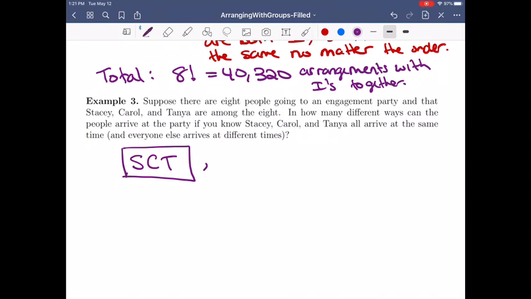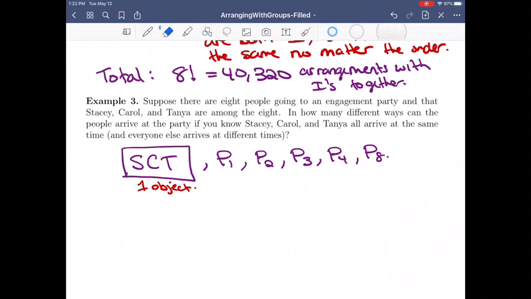So I'm just going to use their letters. So they're one object because they're all coming at the same time. Now everyone else is coming at a different time. So there's 3 people in this box. So there's going to be 5 other people to make 8 in total. And they're all coming separately.